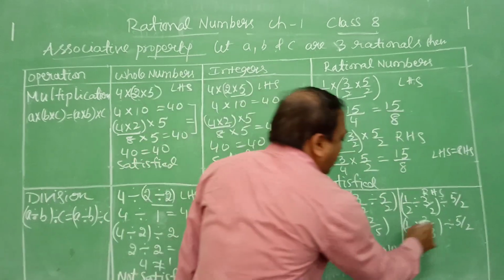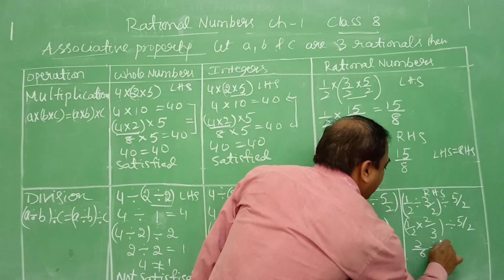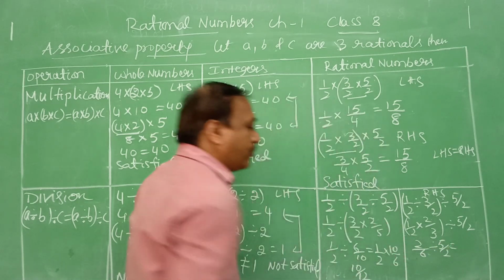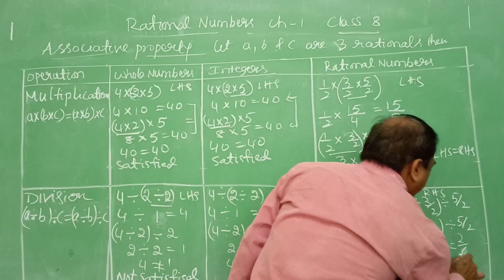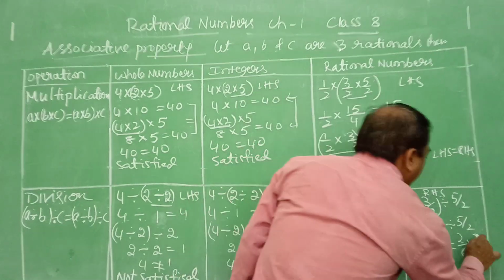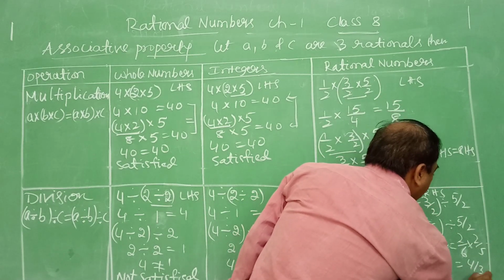So 1 2s are 2, 2 3s are 6 divided by 5 by 2, which is equal to 2 by 6 into the reciprocal, that is 2 by 5. So you get 2 2s are 4 by 30.